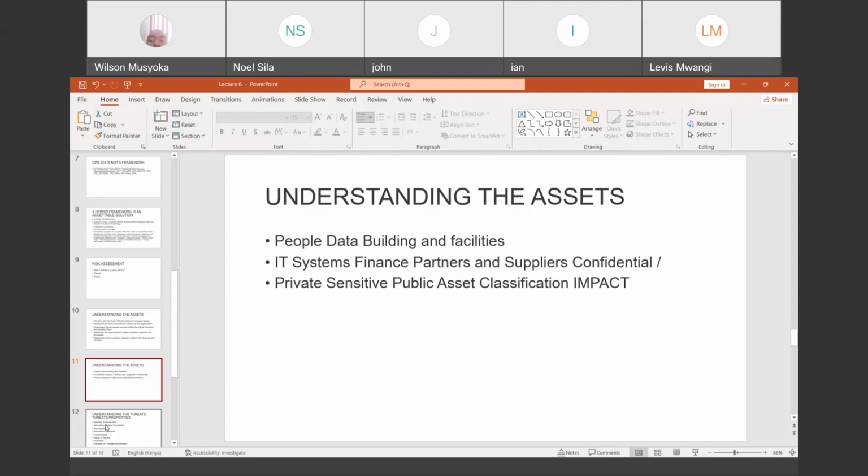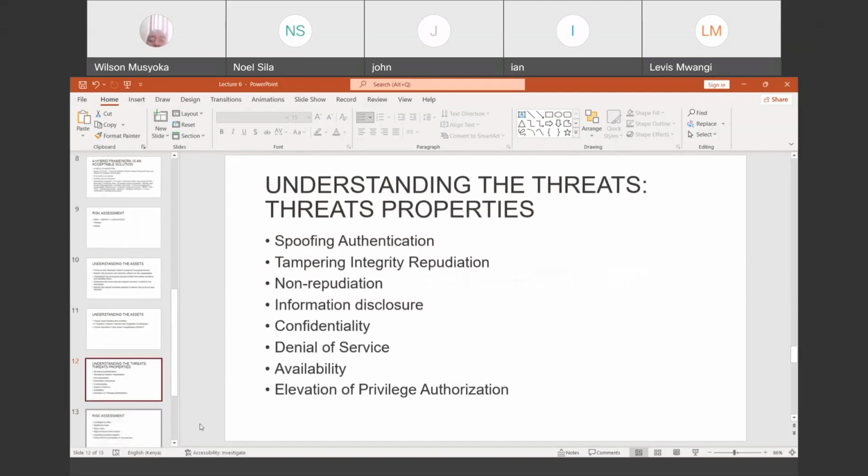That is where IT systems become of importance in terms of securing them, so that they remain confidential and protect the private sensitive information. So how do we ensure that we understand our threats?